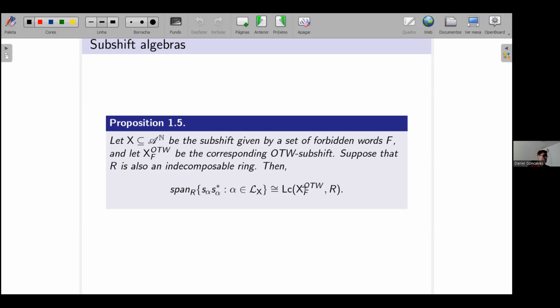Yeah, I always have to check. The only central idempotents are 0 and 1. Exactly. So we just need this.